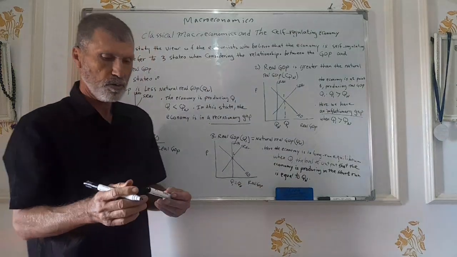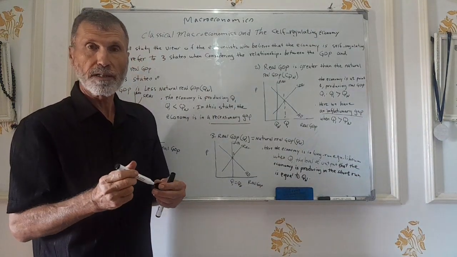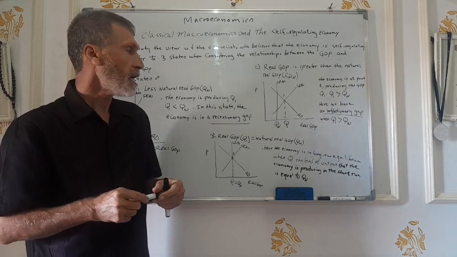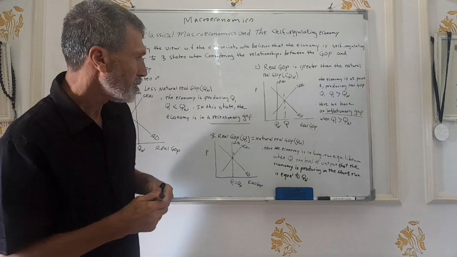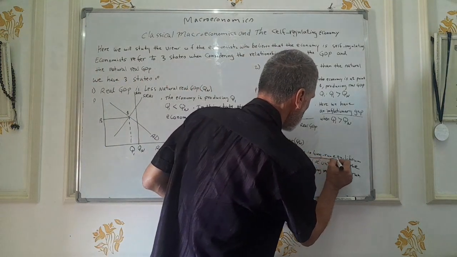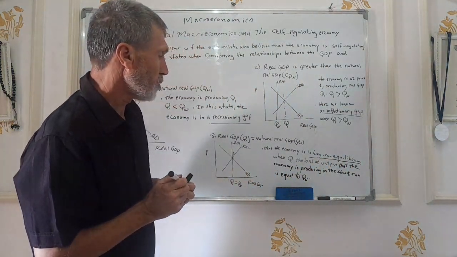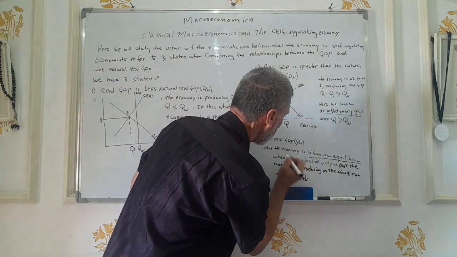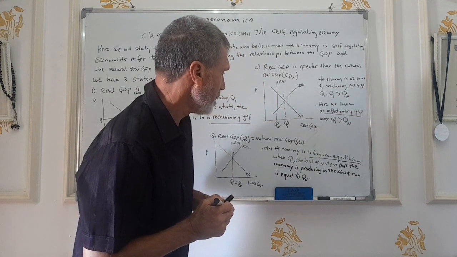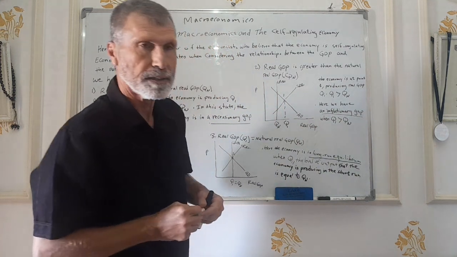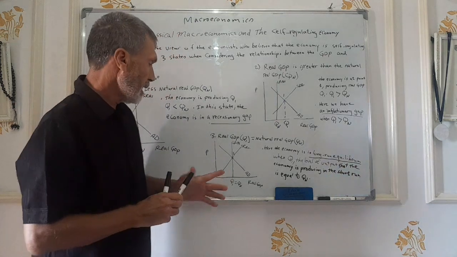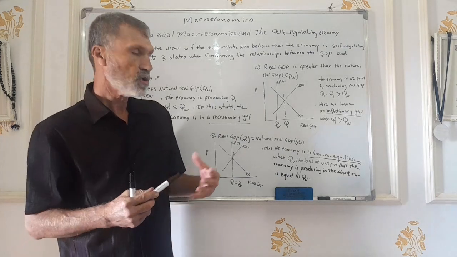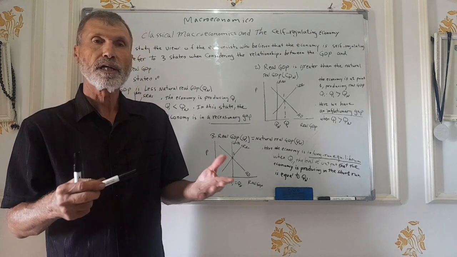So when the level of output that the economy is producing in the short run, Q1, is equivalent to Qn, the natural GDP, then we say that the economy is in long-run equilibrium. You can see this graphically: when Q1 equals Qn, we are in long-run equilibrium.